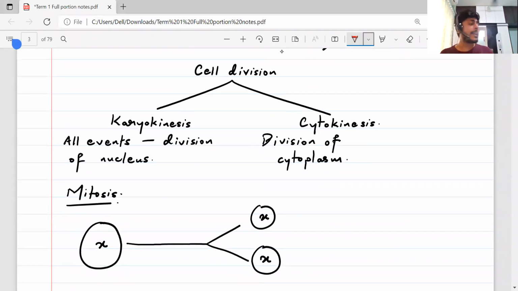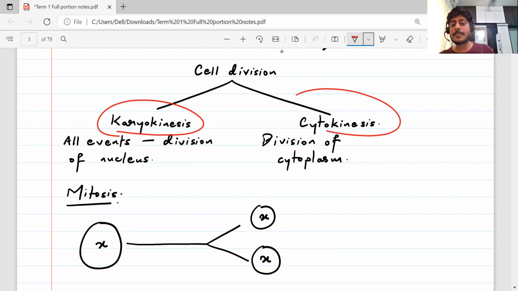Then we saw that any time that cell division takes place, there will be 2 major events. One will be division of nucleus, which is karyokinesis. The other will be division of cytoplasm, which is cytokinesis. Cytokinesis, if you remember, takes place in animal cells and in plant cells in different ways. In an animal cell, it will be furrow formation. And in a plant cell, it will be cell plate formation.